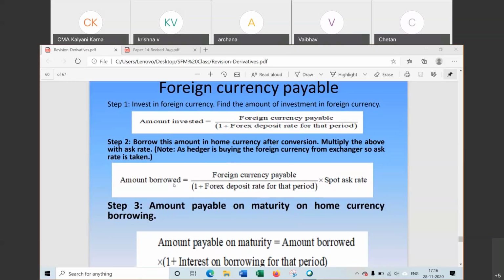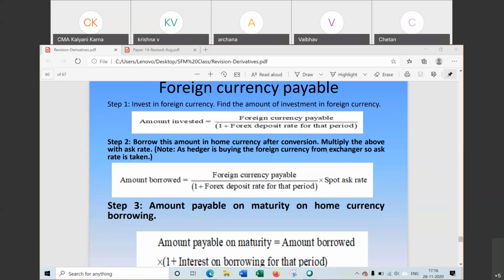Next one, find the amount borrowed, that is foreign currency payable divided by 1 plus forex deposit rate. This is the same step as step 1, and we can merge these two steps. This amount borrowed is equal to foreign currency payable divided by 1 plus forex deposit rate, or whatever we have computed in step 1, multiplied with spot ask rate.